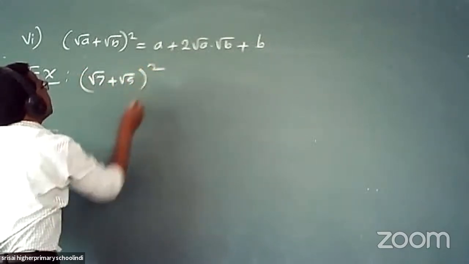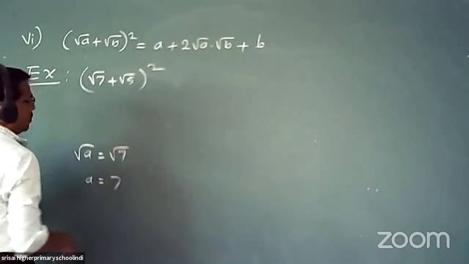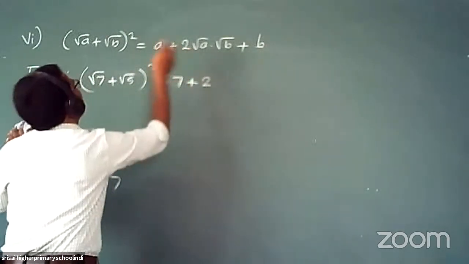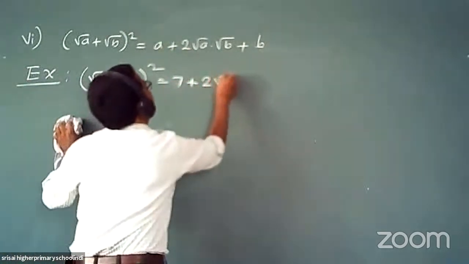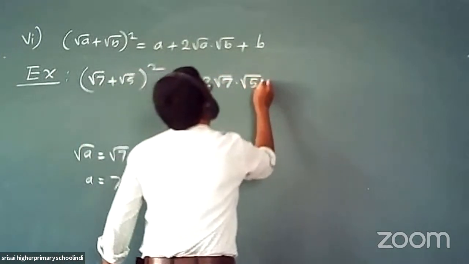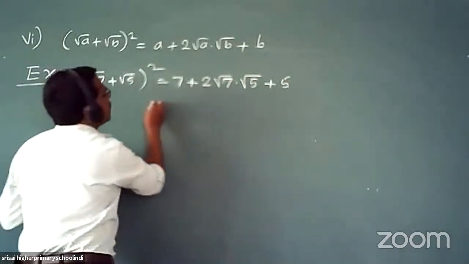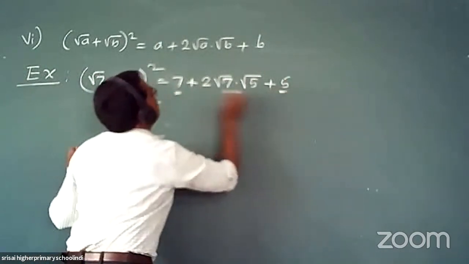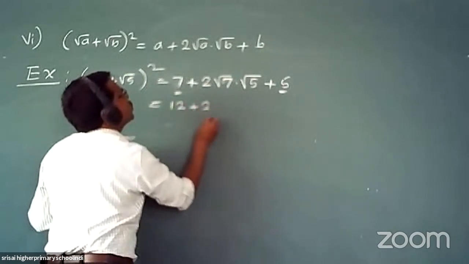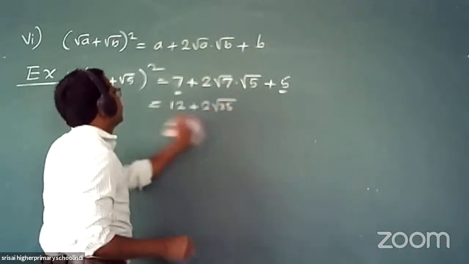Square root of A is square root of 7 means A is 7, no? Yes, sir. So A should be written 7, plus 2 times square root of A, means directly square root of 7, into square root of 5, plus B is 5. Now you see here, these two are rational numbers. You can add this. 7 plus 5, 12. 12 plus 2 root, you can write like this or you can multiply over.